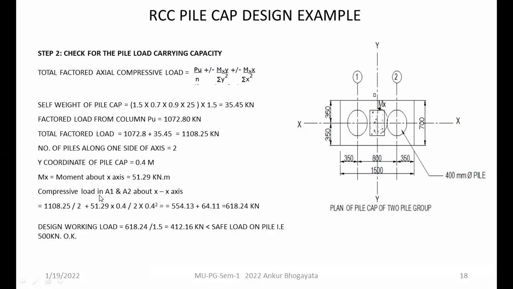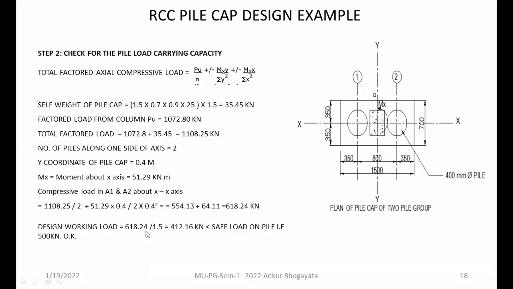So the compressive load in both the cases, like section 1 and 2, you have to obtain accordingly, and using this equation it will give you the factored axial compression load. So this step is actually this one, where the data is used in a particular direction.